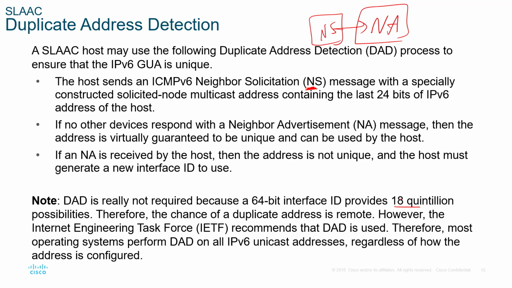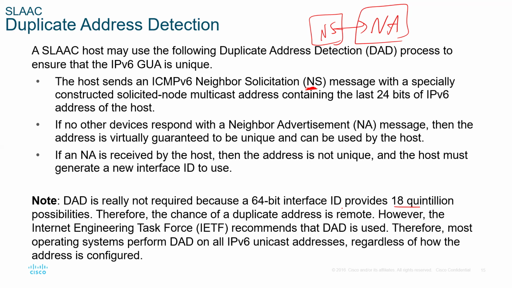So basically what is being highlighted is that IPv6 has a lot of addresses, so we shouldn't worry about having duplicate addresses. But according to the regulations, we still need to use duplicate address detection.